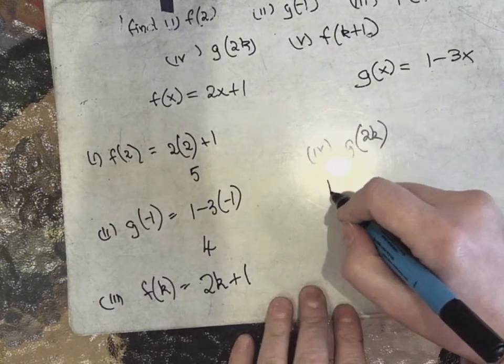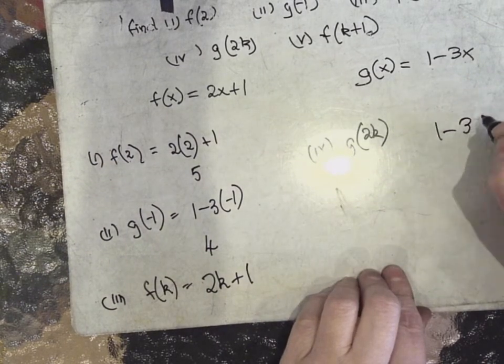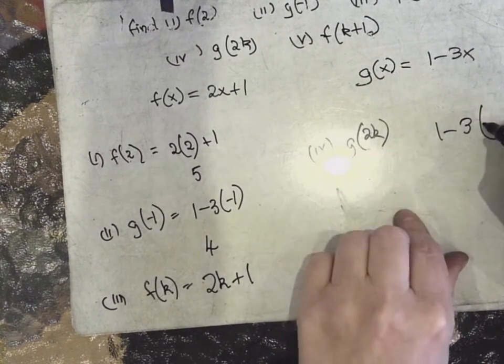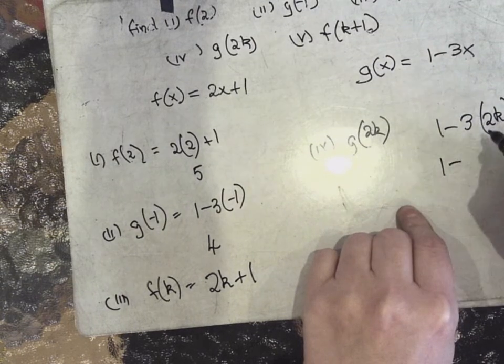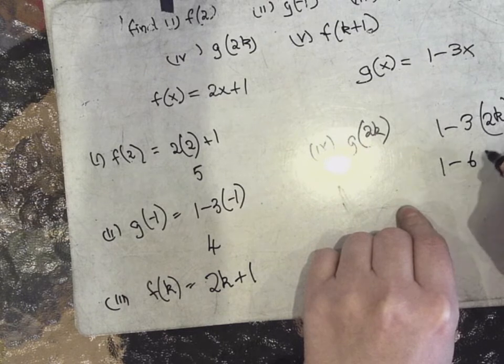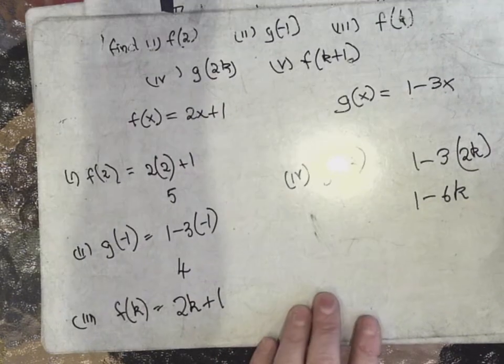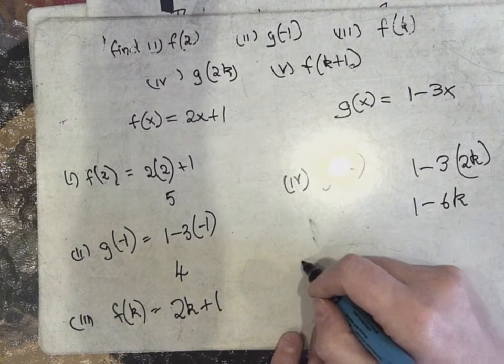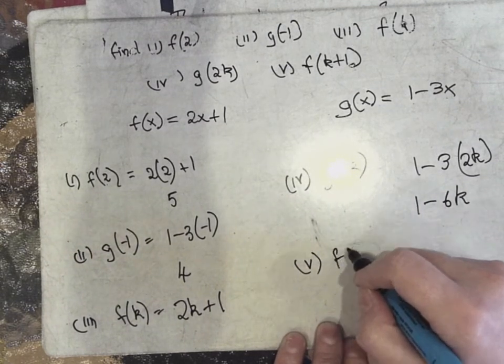So it's 1 minus 3 times, instead of x, I'm writing 2k. So that would be 1 minus 3 by 2k is 6k. Okay, and that's your answer there. And part 5 then says get f of k plus 1.